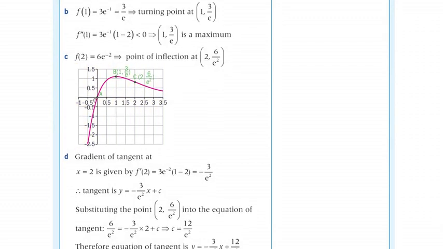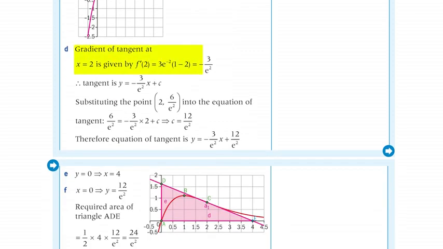D. The gradient of the tangent at x equals 2 equals f prime of 2 equals 3e to the negative 2 times 1 minus 2 equals negative 3 over e squared. This means that the equation of the tangent is y equals negative 3 divided by e squared x plus c.